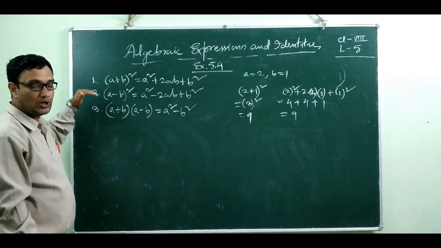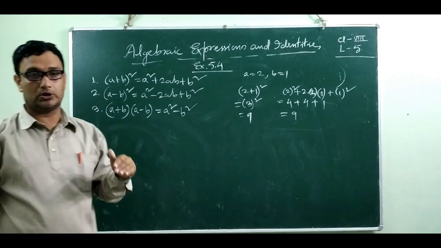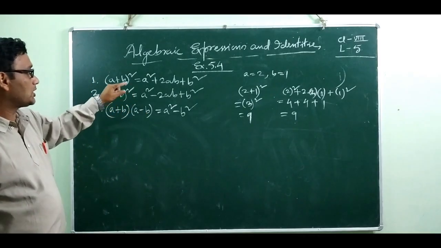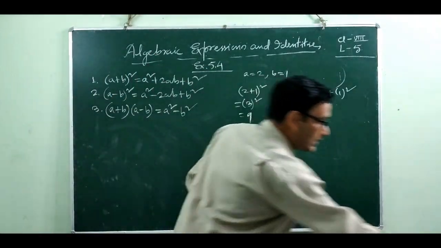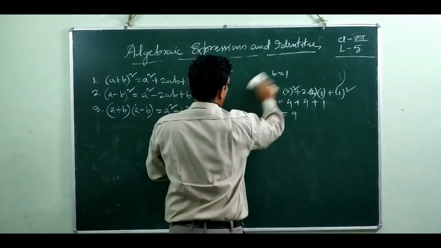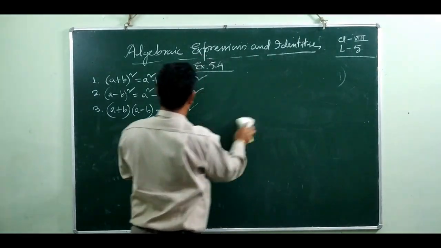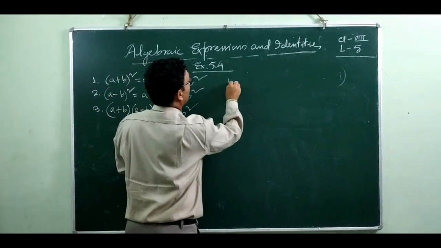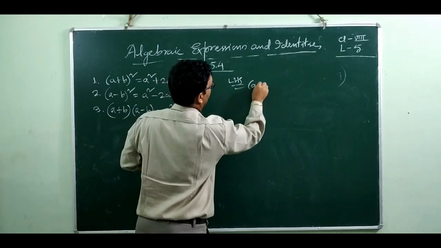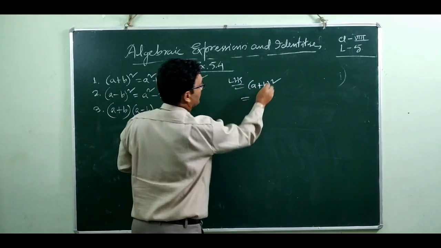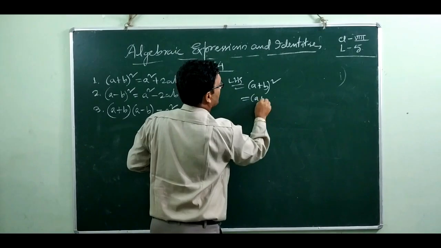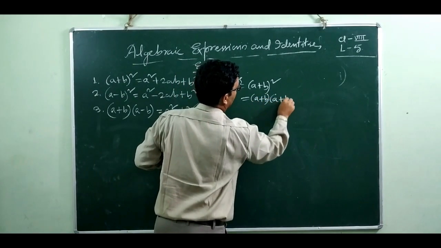Suppose the question will come like, prove that (a plus b) whole square equal to a square plus 2ab plus b square. So in that case how will you solve, you see? Just like multiplication. So here the left hand side is given (a plus b) whole square. So that means you can write (a plus b) into (a plus b).